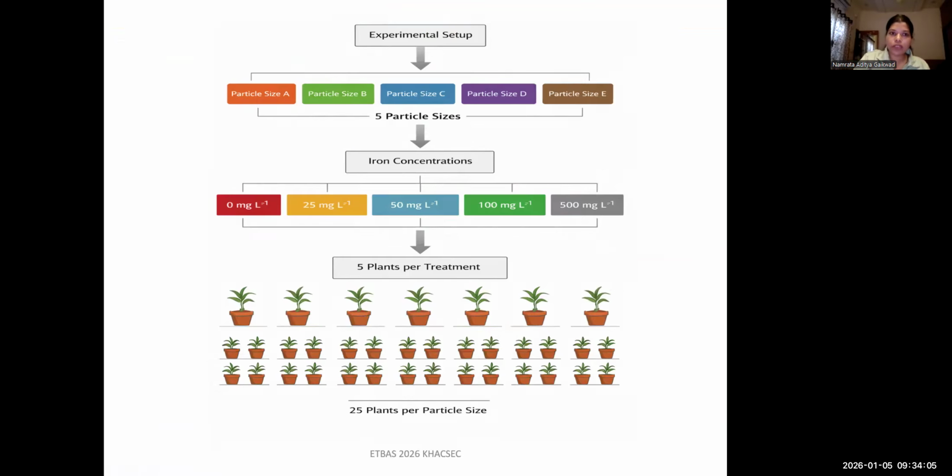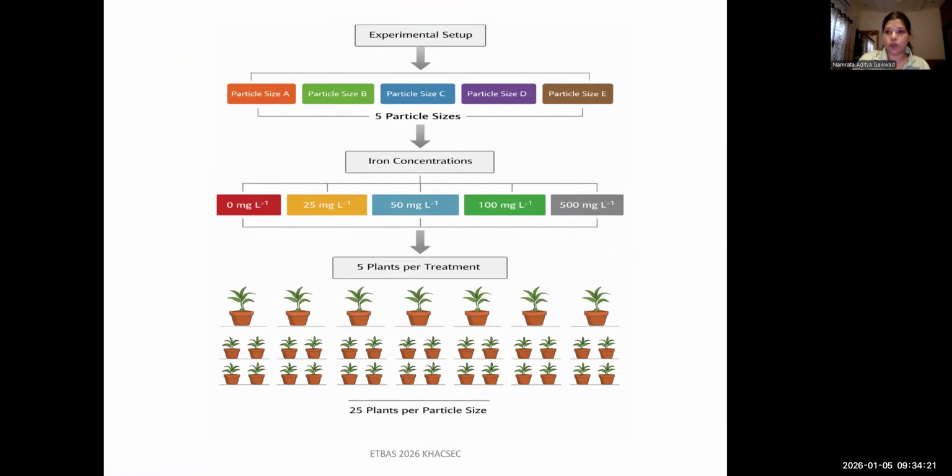So this is the experimental setup that I'm talking about. We had different particle sizes of Fe2O3. Each particle size was further distributed into different concentrations. These Fe2O3 nanoparticles were dissolved in distilled water.